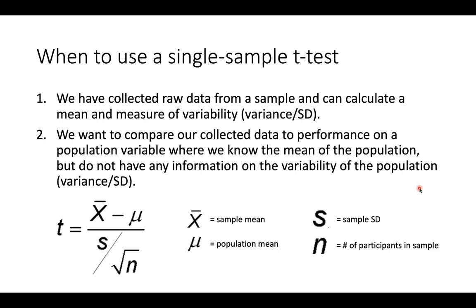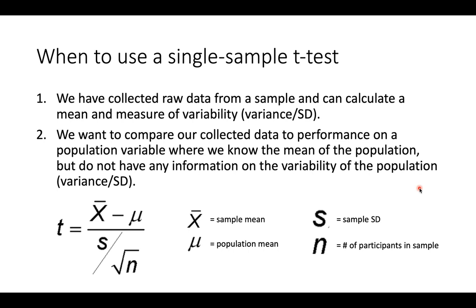So if you remember back to the last big chunk of work we were doing, it was on z-scores. And a z-score is all about understanding how extreme or not extreme a particular individual is, right? A single person's score in reference to the population.